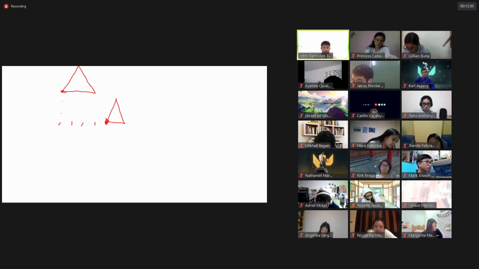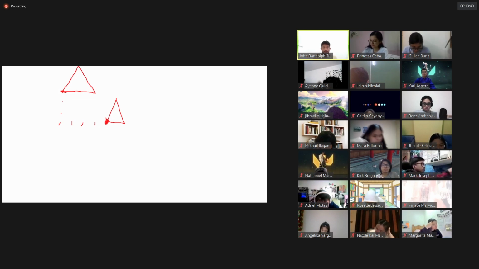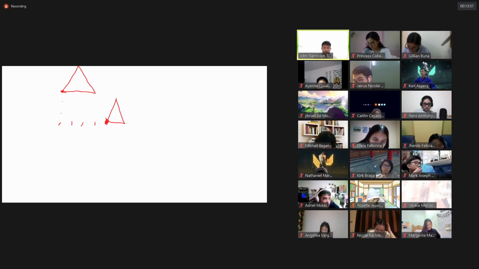Say for example, example 4, you're going to perform a glide reflection on triangle MNP by translating the triangle 3 units to the right and 2 units up, then reflecting about the y-axis. So una, i-translate mo muna 3 units to the right, look at the illustration, and then 2 units up.